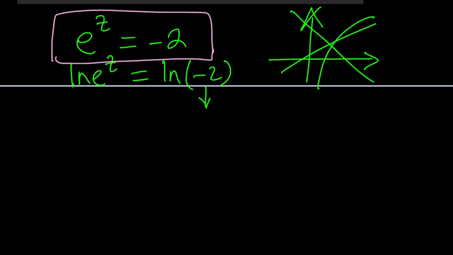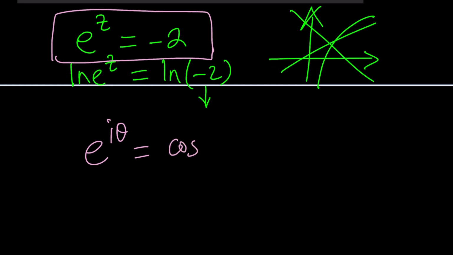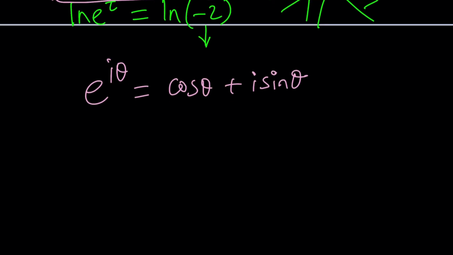Euler said e to the power i theta equals cosine theta plus i sine theta. This is the standard form, so you can consider this a plus bi, but the caution is that the modulus, or the absolute value, for this number is 1. You know why? Because cosine squared plus sine squared is always 1, regardless of the values of sine and cosine. Yes, they depend on each other, but their squares always add up to 1.